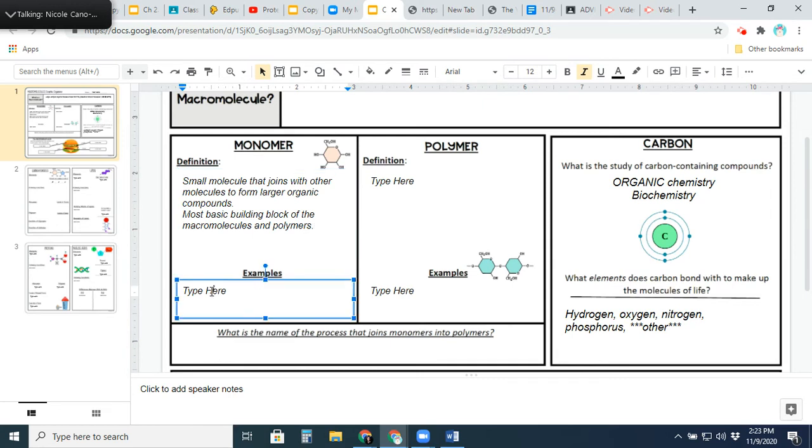What are some examples of these small organic molecules that are the building blocks of the macromolecules? Well, we have monosaccharides, we have amino acids, we have fatty acids, and we have nucleotides.